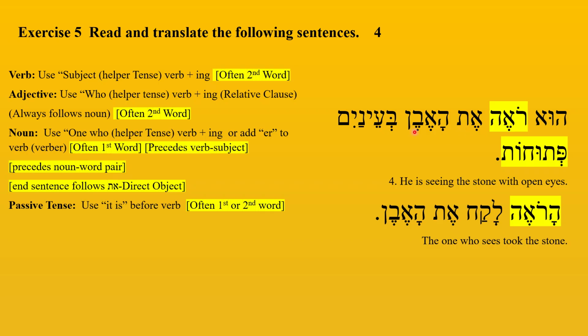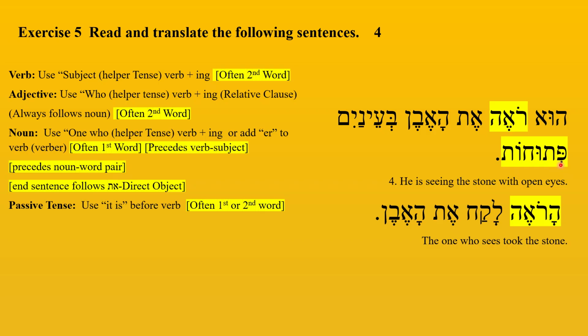Ha'evan, the stone. And remember that the bet can be in, on, with, about. You can translate the bet in many different ways. But at any rate, what makes the most sense here is he is seeing the stone with eyes that are open, or open eyes.